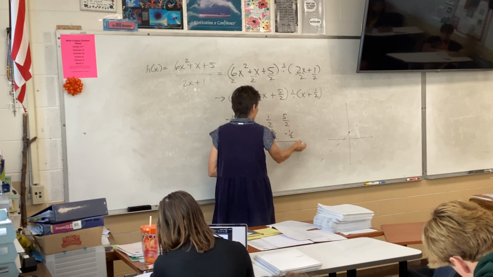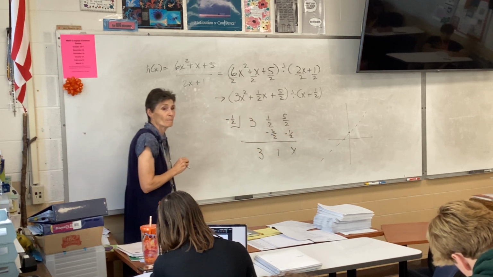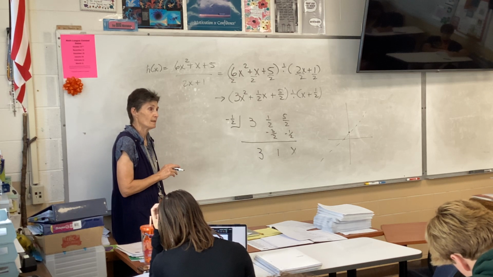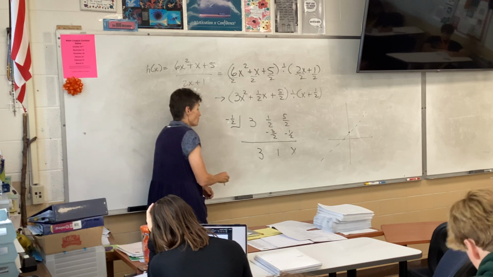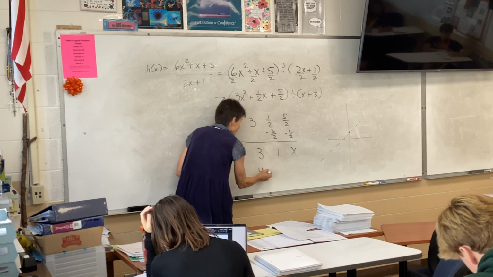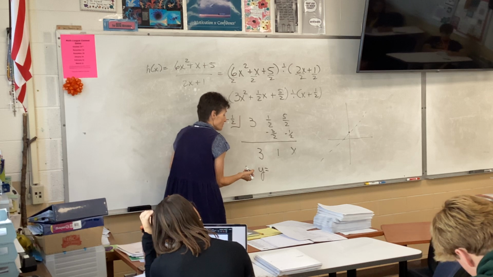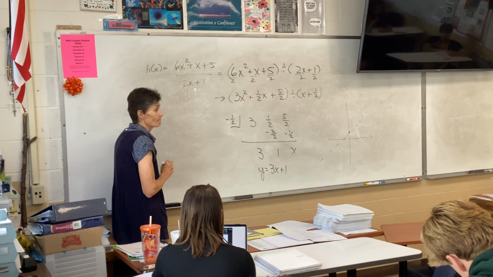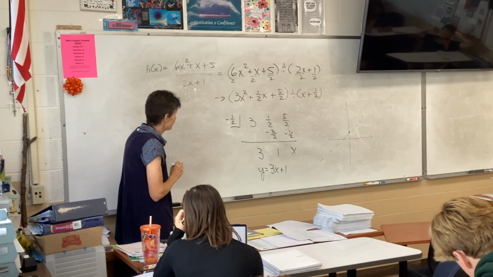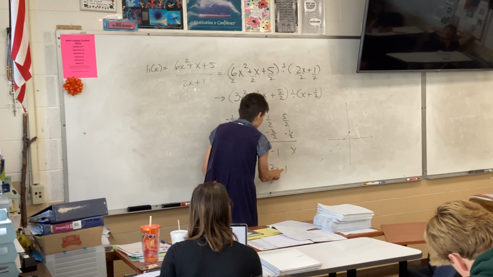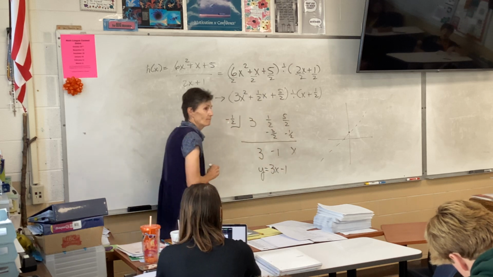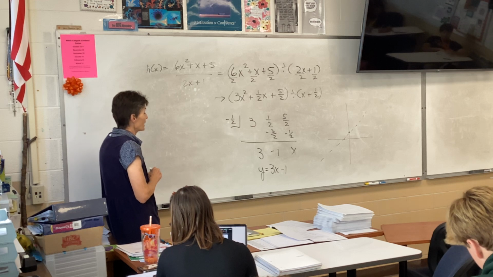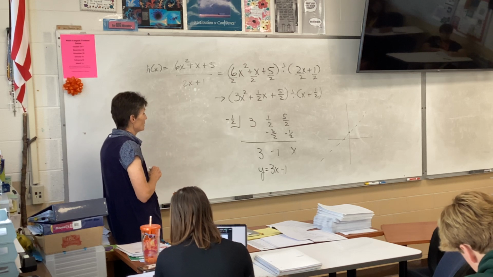And I really don't care what happens over here because remember the remainder is of no significance when I'm doing an end behavior asymptote. So what will be my end behavior asymptote for this problem? Y equals 3x plus 1. How is it 1? It should be negative 1, shouldn't it? I got so excited because it was a whole number.